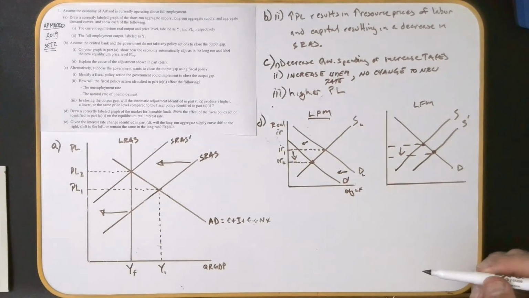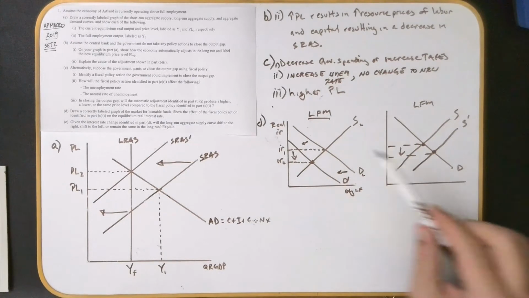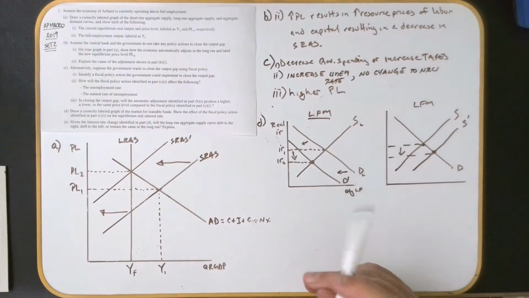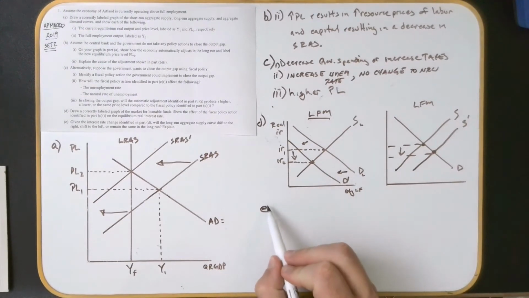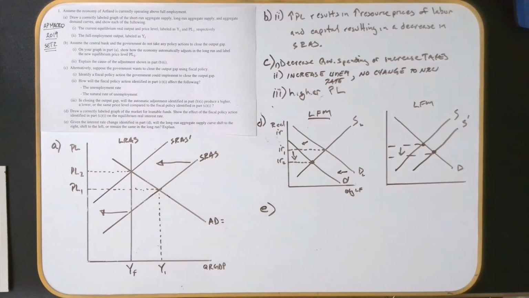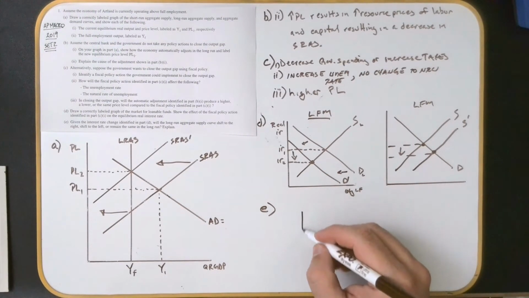So it says, draw a correctly labeled graph of the market for loanable funds. Show the effect of the fiscal policy action identified in part C1 on the equilibrium real interest rate. Decrease in demand drops it. Okay, and so then part E says, given the interest rate change identified in part D, will long-run aggregate supply shift to the right? Okay, again, guys, I'm going to draw this again.